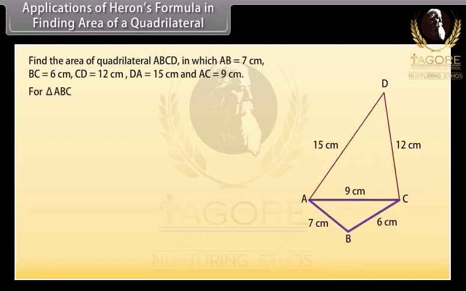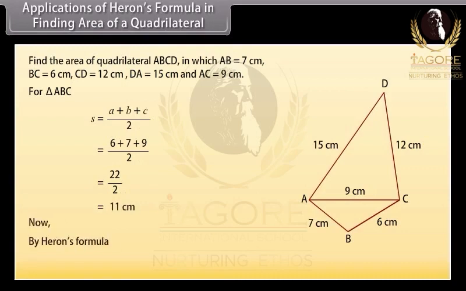For triangle ABC, S is equal to (a + b + c) upon 2, which is equal to (6 + 7 + 9) upon 2, which equals 22 upon 2, which is 11 cm. Now, by Heron's formula, area is equal to square root of S into (S minus a) into (S minus b) into (S minus c).